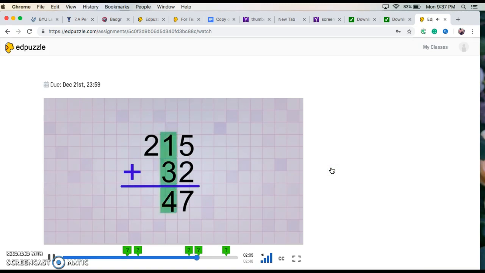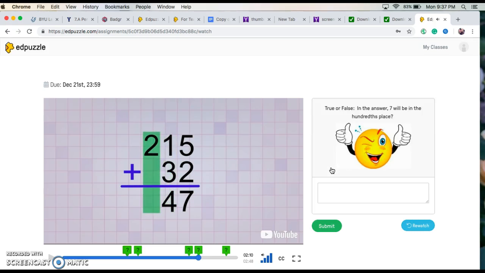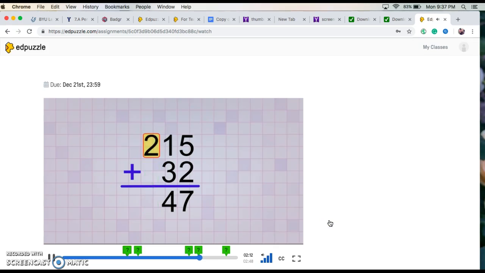And last of all, we add the hundreds place column. But there's only one digit there, so we don't really have to add it. We just bring the 2 down to our answer like this.